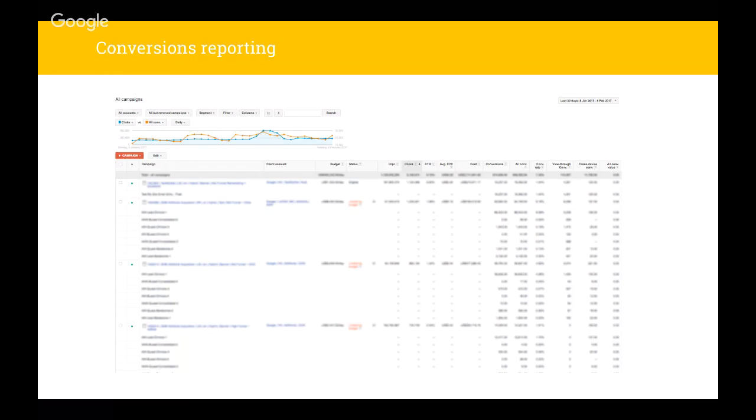Some of the more important columns we're seeing is the conversions column. Conversions are only shown here if this conversion action has been included in the conversions column. How you select it is when you define the conversion action.